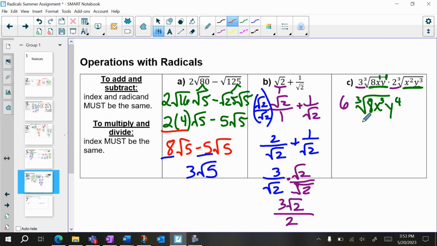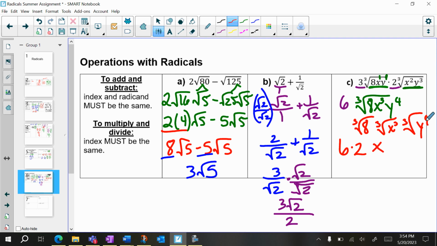Then I'm going to break it down. So I'm going to have the cube root of 8, the cube root of x cubed, and the cube root of y to the fourth. We all know that the cube root of 8 is 2, because 2 times itself 3 times gives you 8. And then if I have the cube root of x to the third, that's just x.